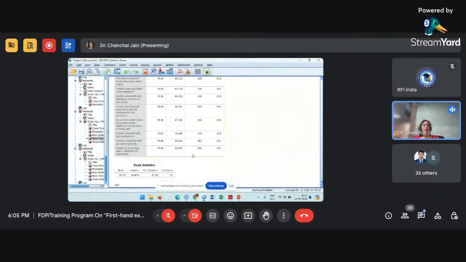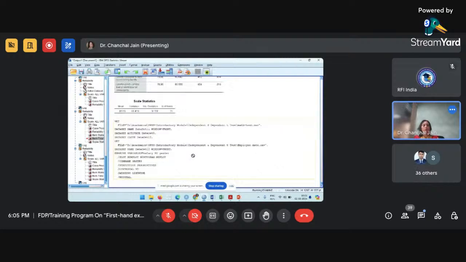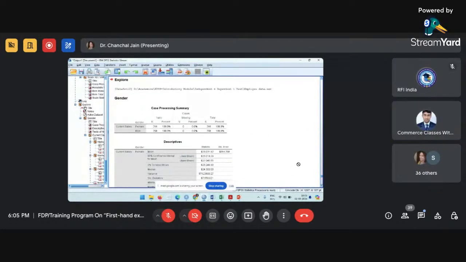I hope my output window is visible. So now we will see how to read the table. The first table is the case processing summary.